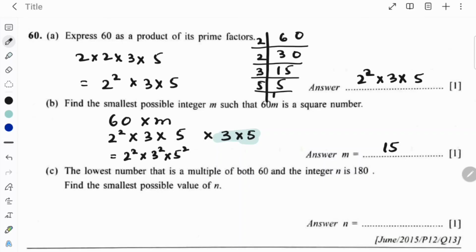Alright, so it's part C. The lowest number that is a multiple of both 60 and the integer n is 180. Find the smallest possible value of n.